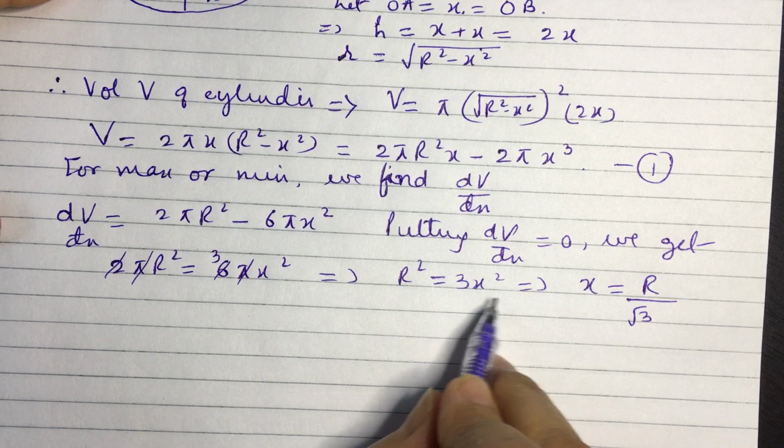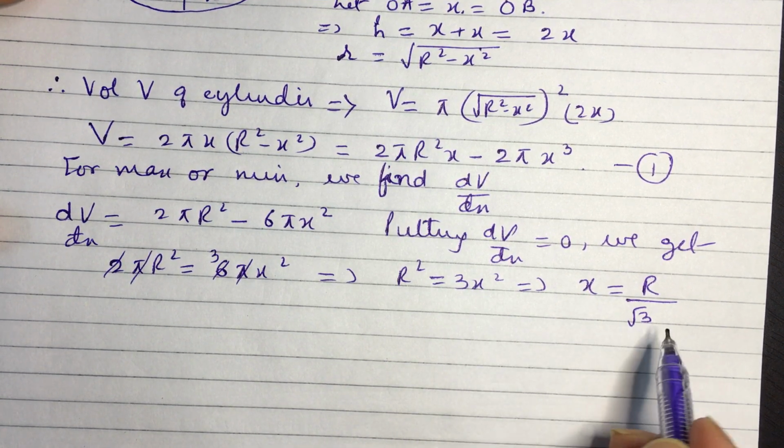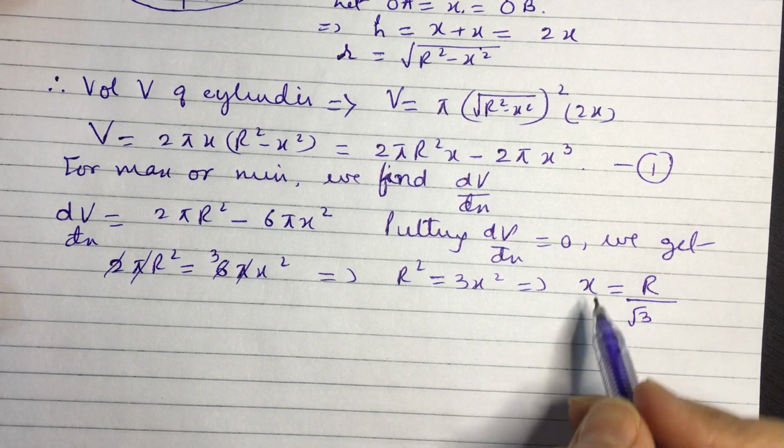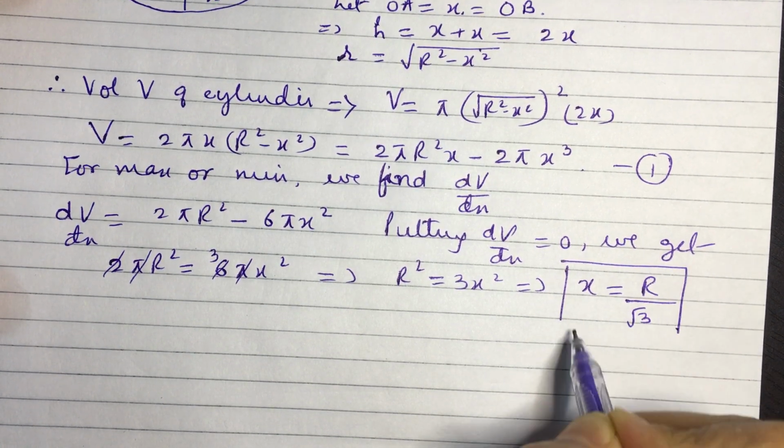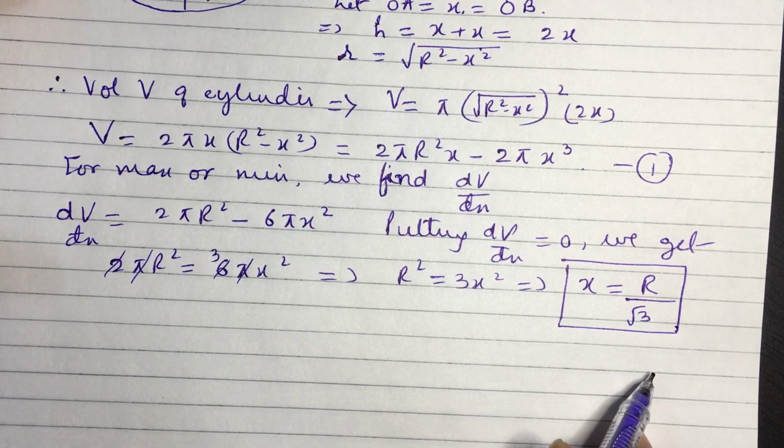Now clearly we would have got plus minus r upon root 3, but we don't take the negative one as x is a distance. So we just take x equal to r upon root 3.